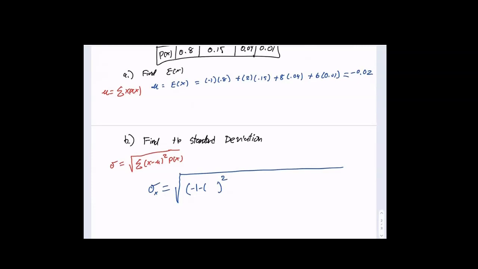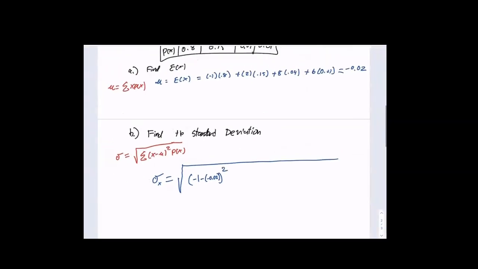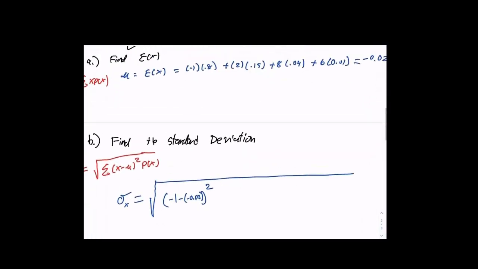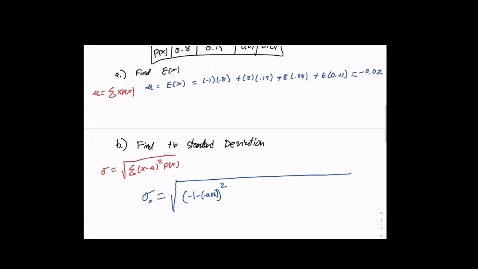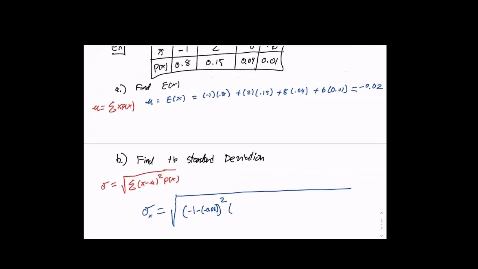-0.02. Now this one's a little bit weird because we have a negative, and so you can think of it as plus 0.02. If you want to do that when you're writing your work, please do. For the notes purposes, I'm not. And we just go down the line, and we're going to multiply this by its probability, which is 0.8.